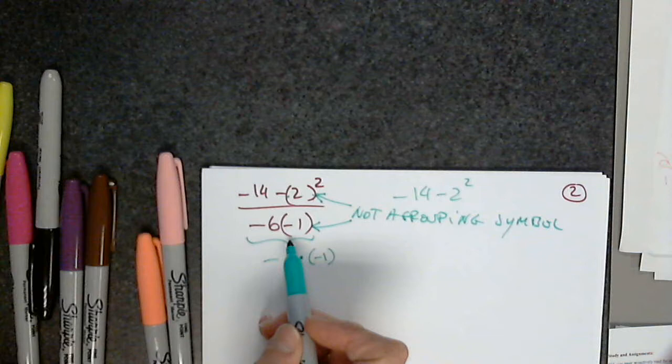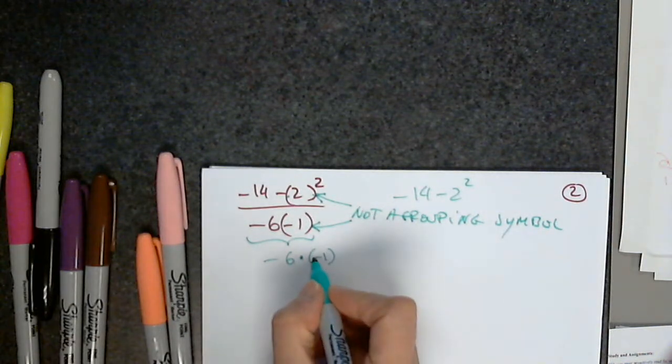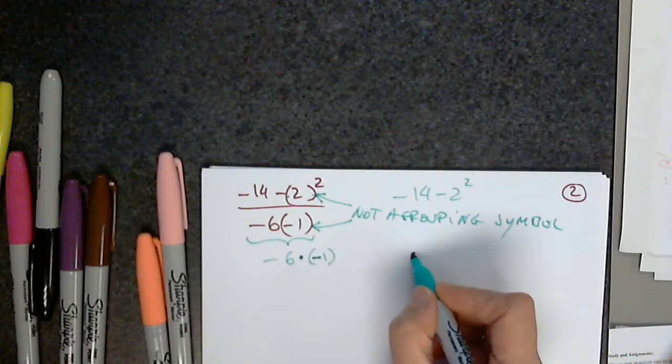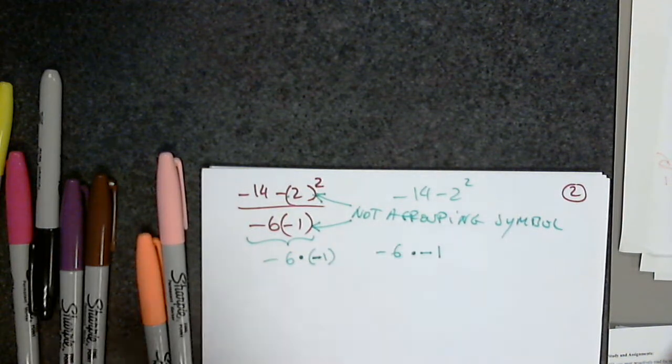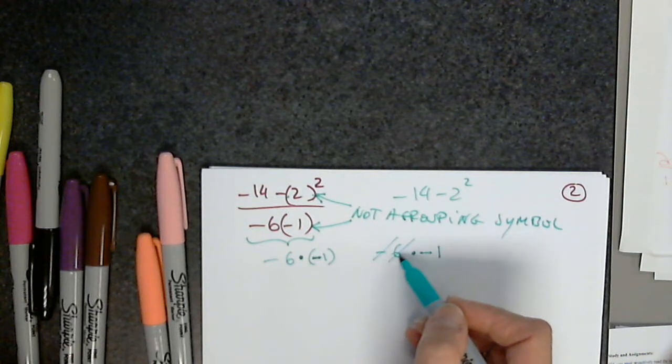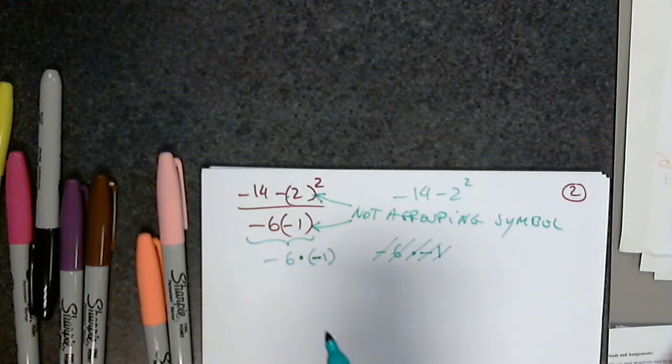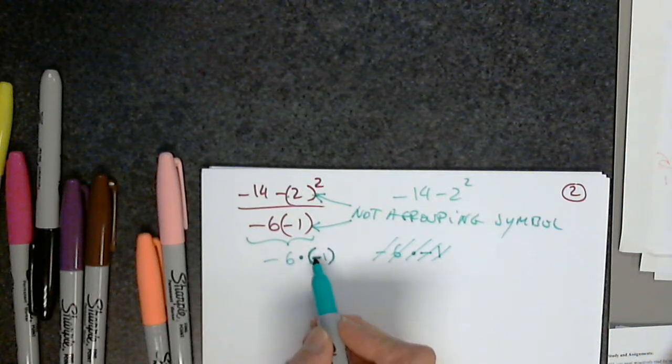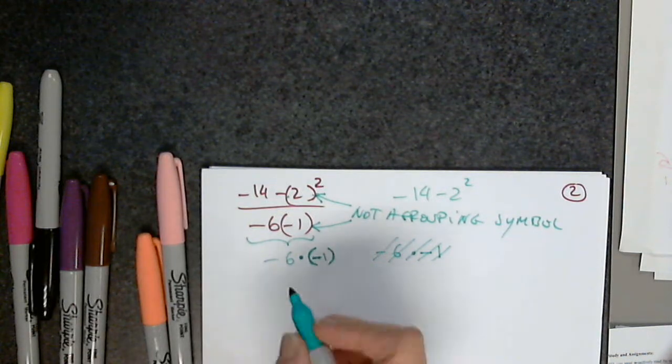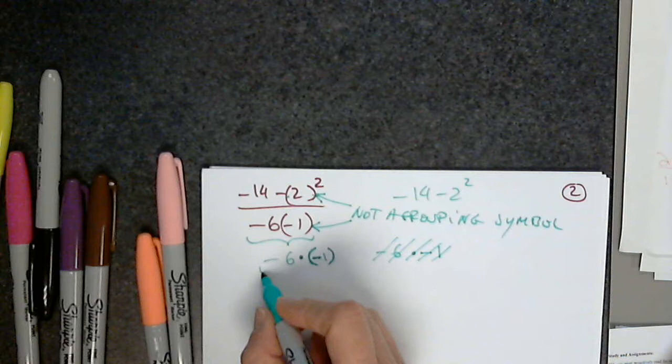This is a must. Why? Because we always separate two operation symbols. This will be incorrect. This is not allowed. So here I have no choice. I have to have parentheses because the parentheses tell me that I'm multiplying -6 by -1.